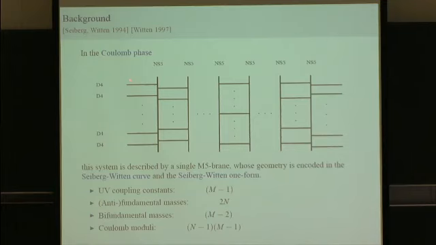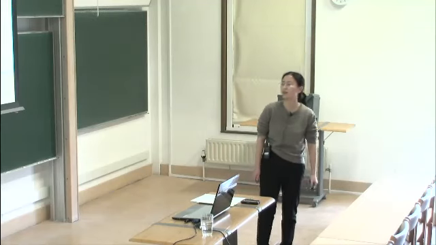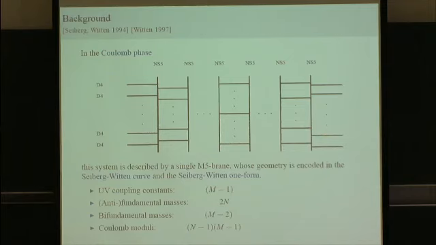Before continuing, I will just count the number of degrees of freedom for this system. There are M-1 UV coupling constants, which are all the distances between the NS5 branes. There are N fundamental masses, which are the ones on the right, and also there are N anti-fundamental masses, the ones that are on the left.